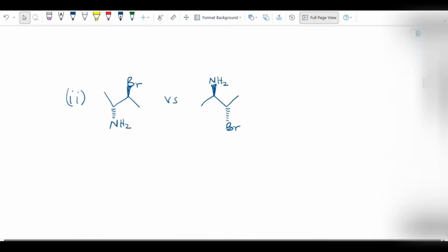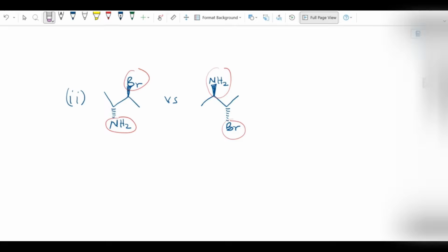So the next question asks us to ascertain the relationship between these two compounds. Here, NH2 is facing down. Here, the NH2 is facing up. The bromo group here is down, bromo group here is up. So we want to orient one of these compounds in such a way that both substituents will point in the same direction.